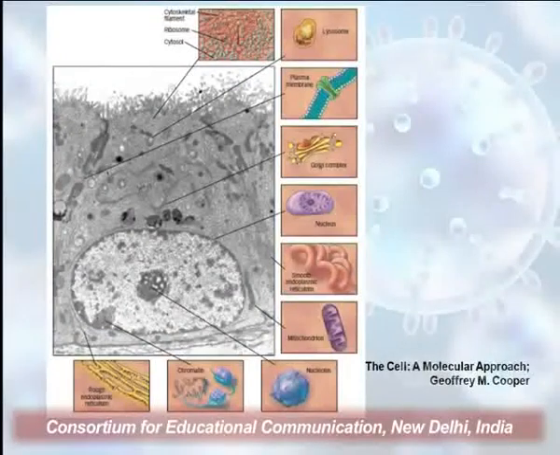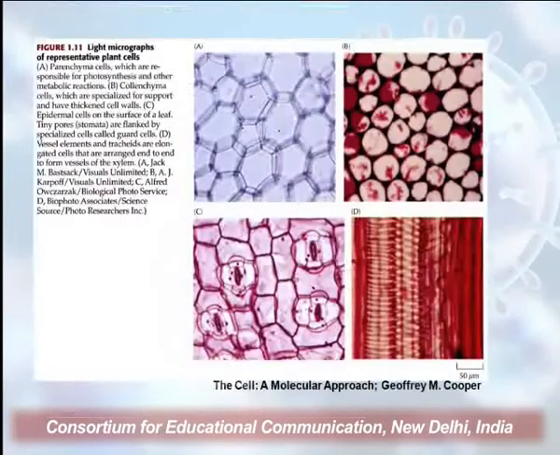Now, this is a structural diagram showing the various organelles present within the cell. We can see the plasma membrane, Golgi apparatus, nucleus, mitochondria, endoplasmic reticulum, smooth endoplasmic reticulum and rough endoplasmic reticulum, and how they are present over here. This is a stained image showing the representation of plant cells.